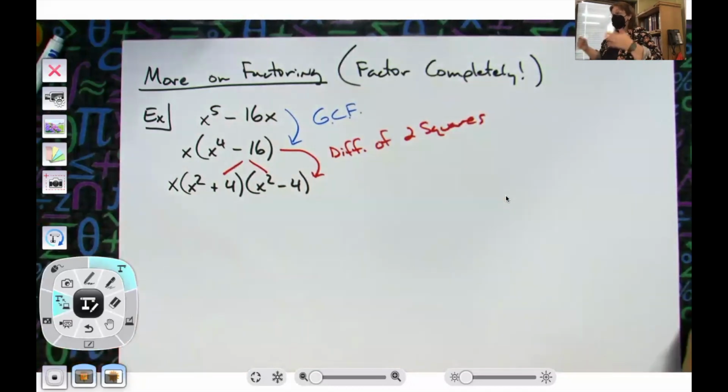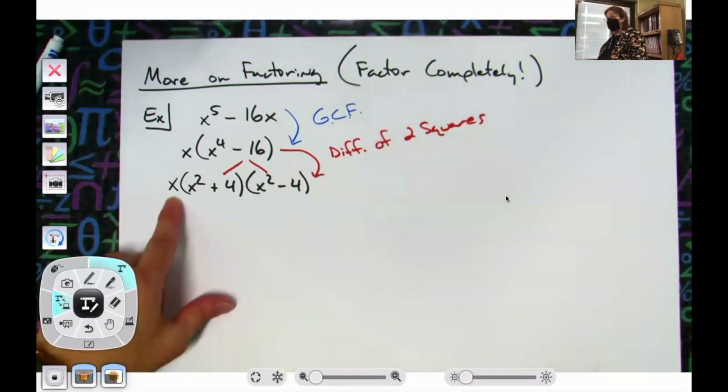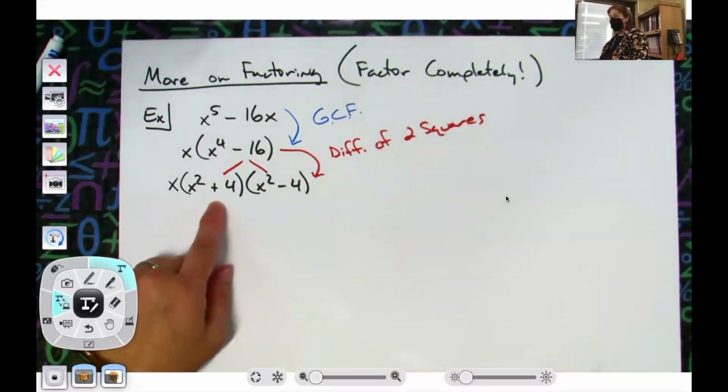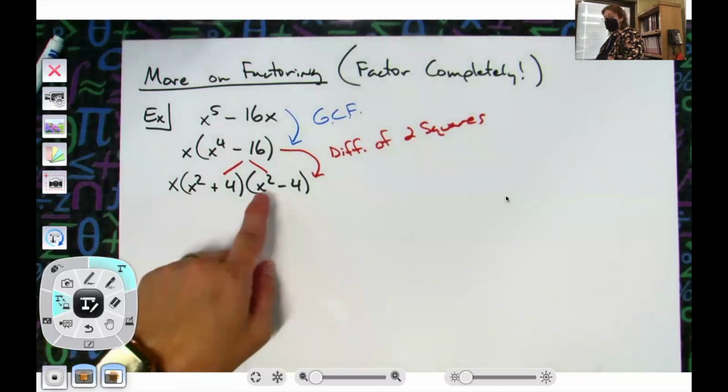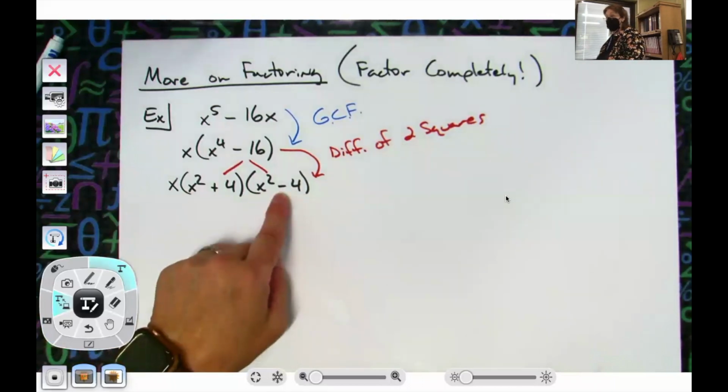Now you just got to keep going and keep looking. Are you done yet? I can't do anything with this binomial. They're perfect squares, but it's a plus sign. But now I look at this term: perfect square, and another minus. This is difference of two squares again.